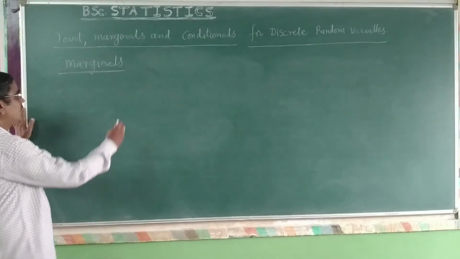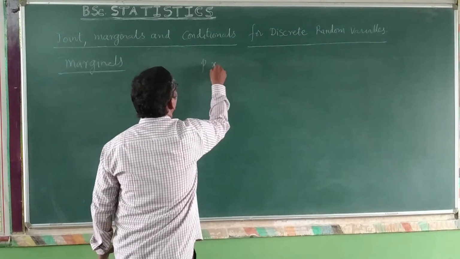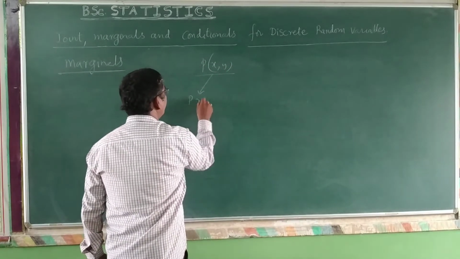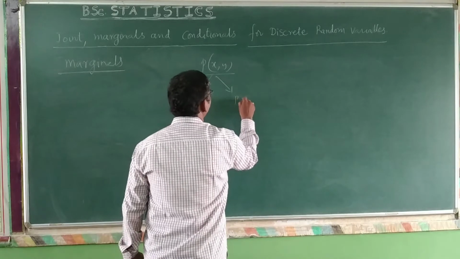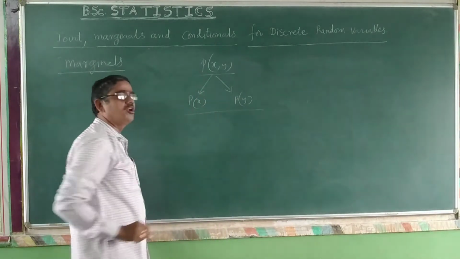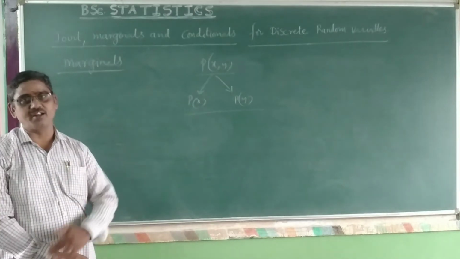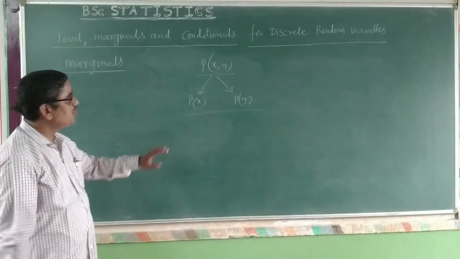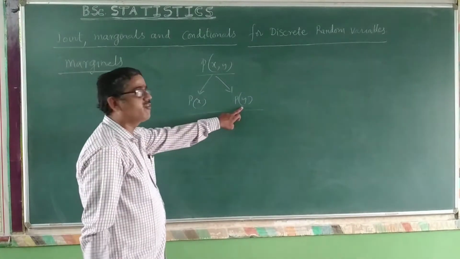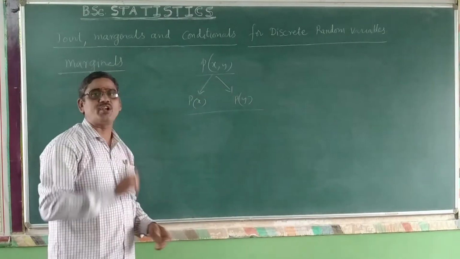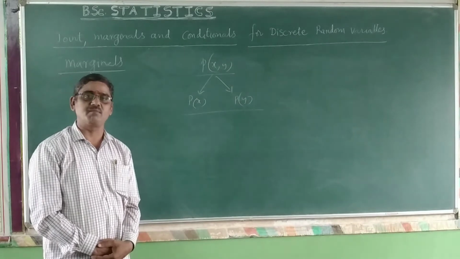From p of xy, the marginal of x, that is p of x, and the marginal of y, p of y, are calculated. Therefore p of x and p of y are called marginal functions, and p of xy is called the joint probability mass function.